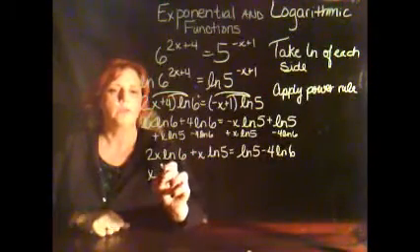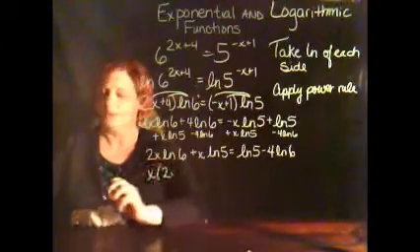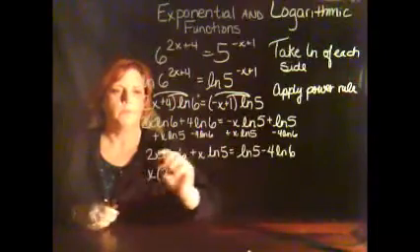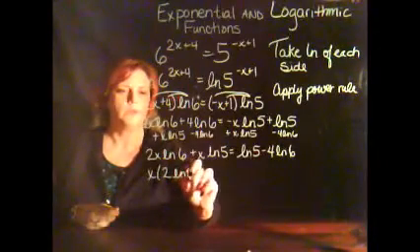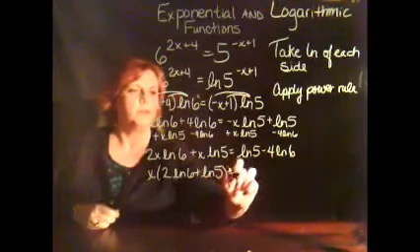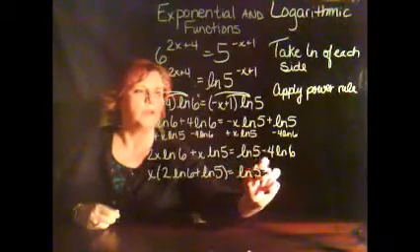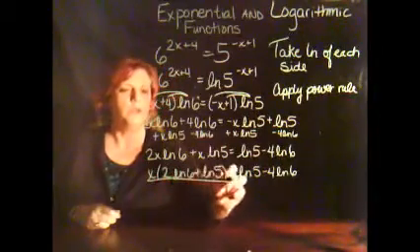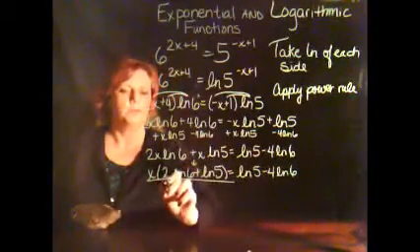So I'm going to factor out the x, and I get 2x, no x, I just factored it out. So I have 2 natural log of 6 plus natural log of 5 equals natural log of 5 minus 4 natural log of 6. And I can divide by this factor here.